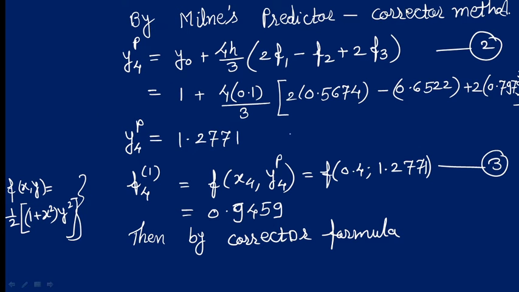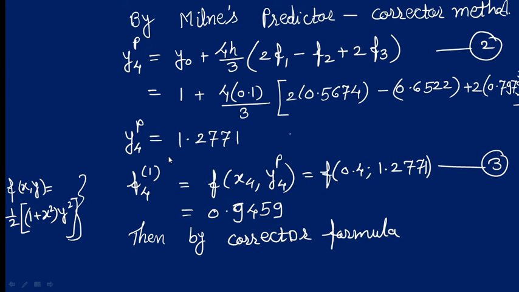Then by Milne's predictor corrector method, we first find out the predictor value y4 of p. We substitute y0 is 1, 4h by 3, h is 0.1, 4 by 3 into twice f1 minus f2 plus twice f3. If we simplify this, we get the value 1.2771.